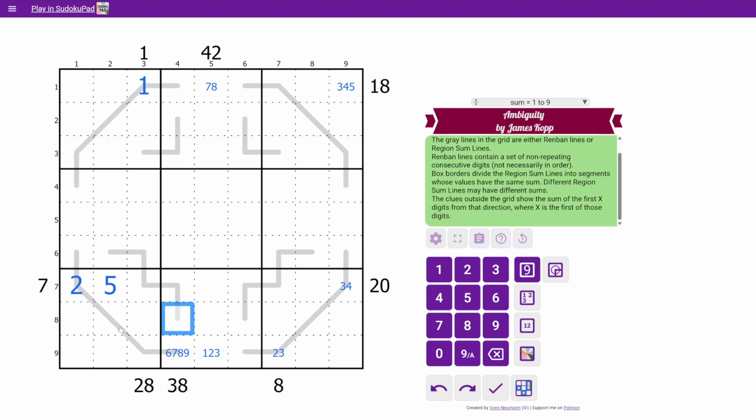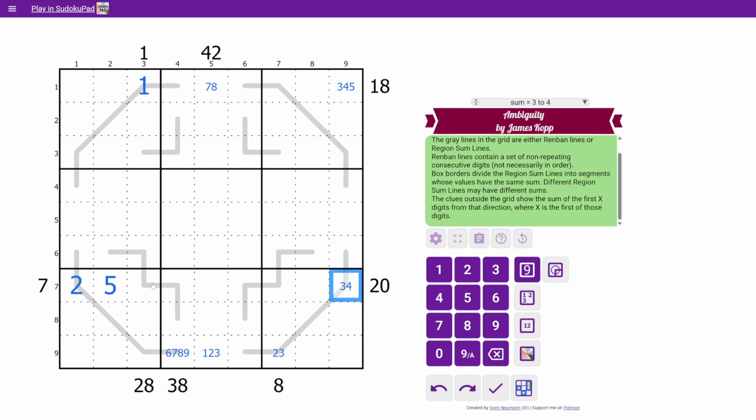A number higher than 3. Right, so this could most definitely still be a Rinban. Can this? Oh yeah, that can't be 6 because it would be 21 minimum.